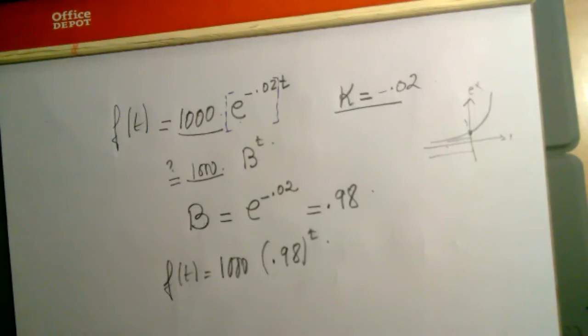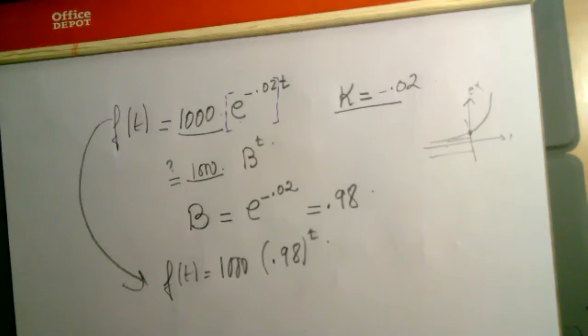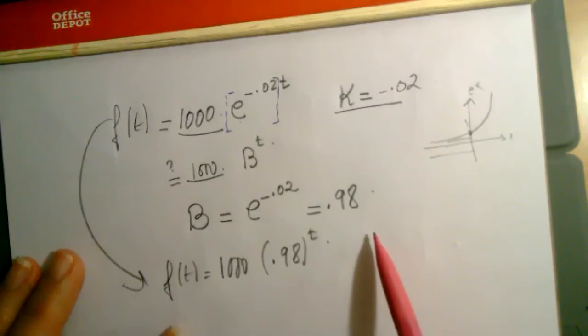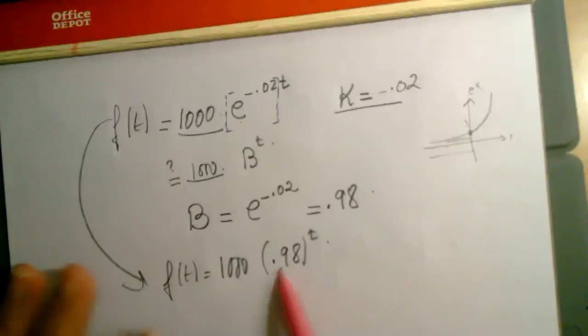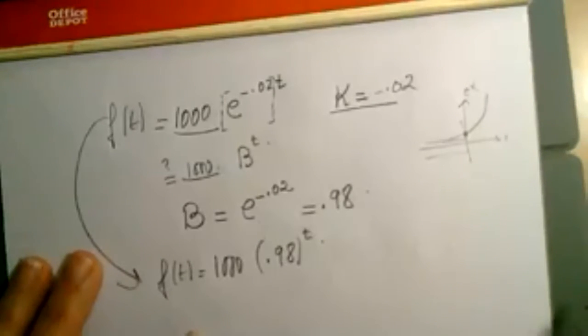Okay. So by rewriting it this way, suppose I ask you the following simple question. This is a decay. By which percent is the function f of t decreasing every year? Can you answer this question easily?